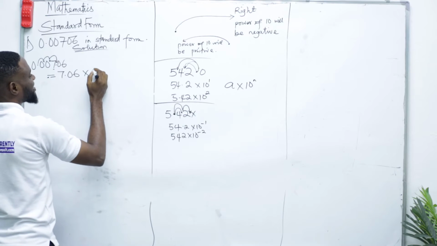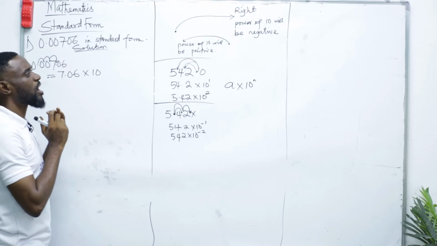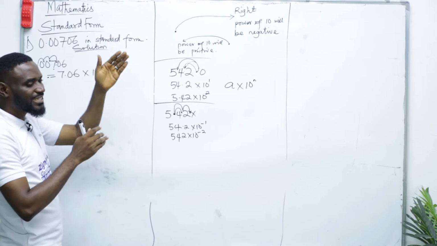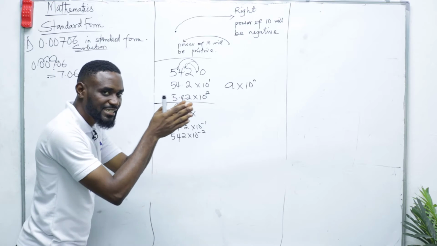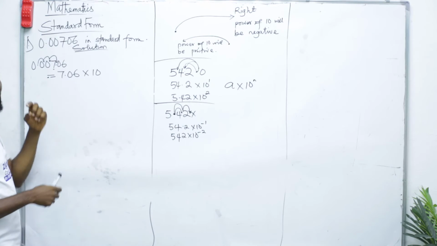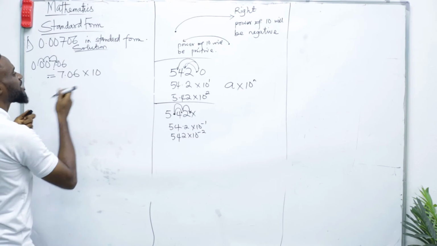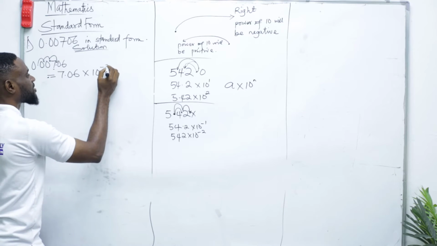So we have 10 raised to power. Remember, when we are moving to the right, the power of 10 will be what? Negative. So this is 1, 2, 3, which means the 3 will be negative 3.